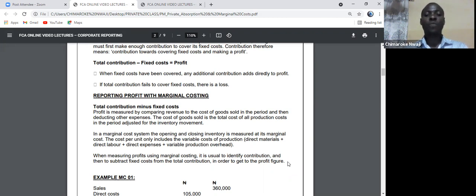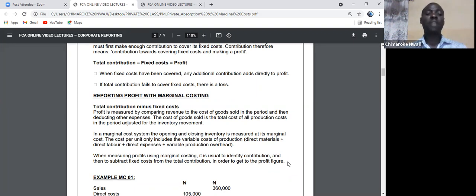Then when you have your gross profit, you now deduct other expenses, which is distribution and then selling expenses and admin expenses, then you have your net profit. Okay, so the cost of goods is the total cost of all production costs in the period adjusted for the inventory movement. The inventory movement is the movement of opening and closing stock. So that's for absorption costing.